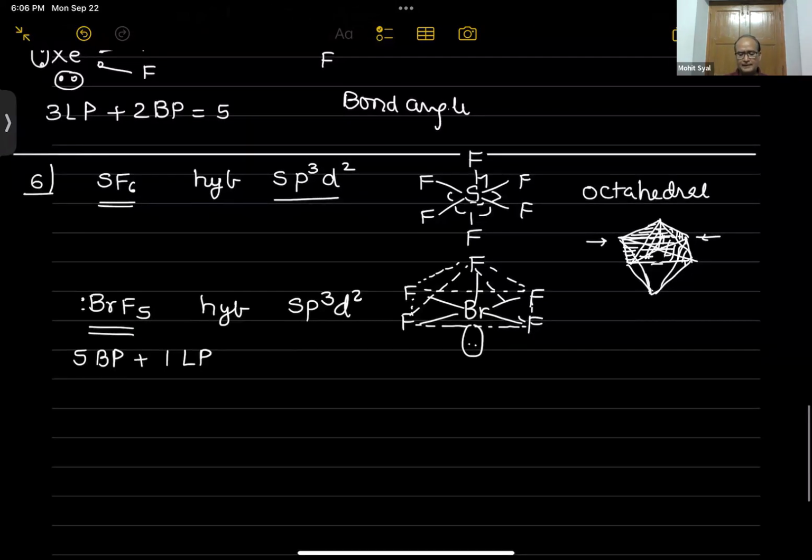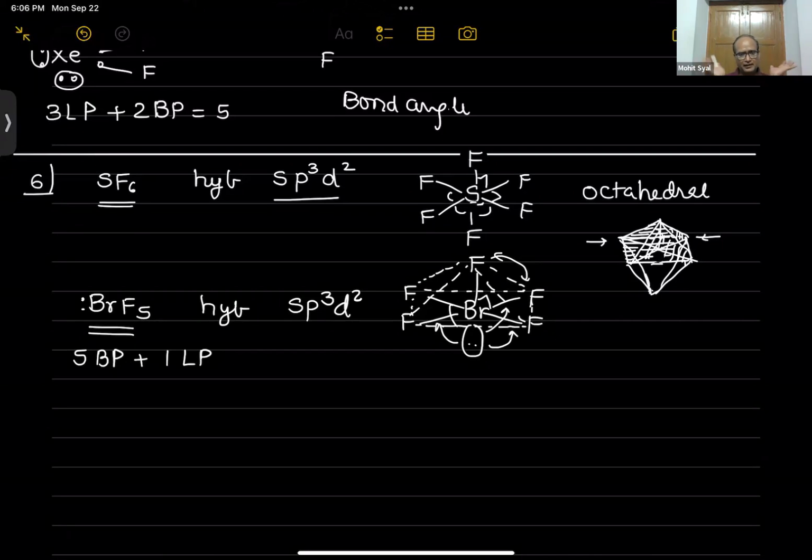What are the bond angles? Are they perfectly 90? No, they are not perfectly 90. Why? They were 90 in SF6. Are they 90 in this also? They are less than 90. Why? Because lone pair-bond pair repulsion is more than bond pair-bond pair repulsion.